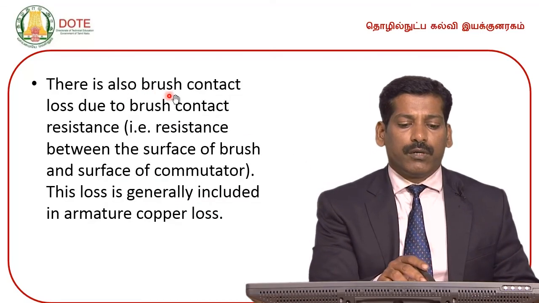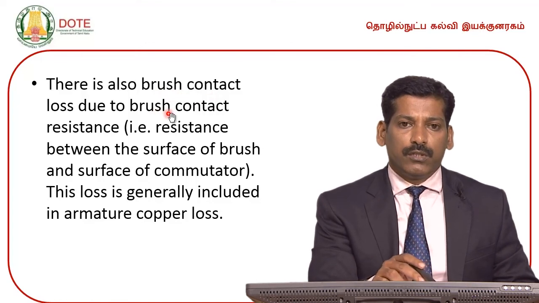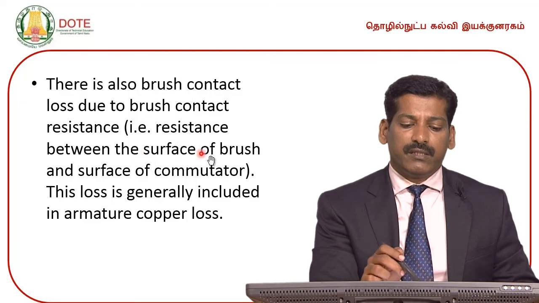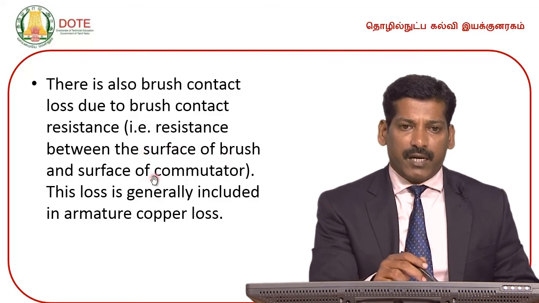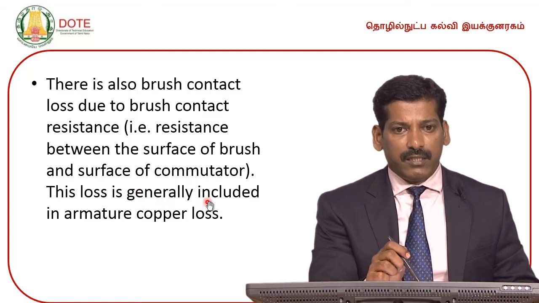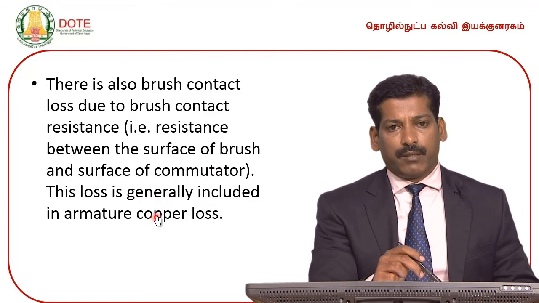There is also a brush contact loss due to the brush contact resistance, that is the resistance between the surface of brush and surface of the commutator. This loss is generally included in the armature copper loss.